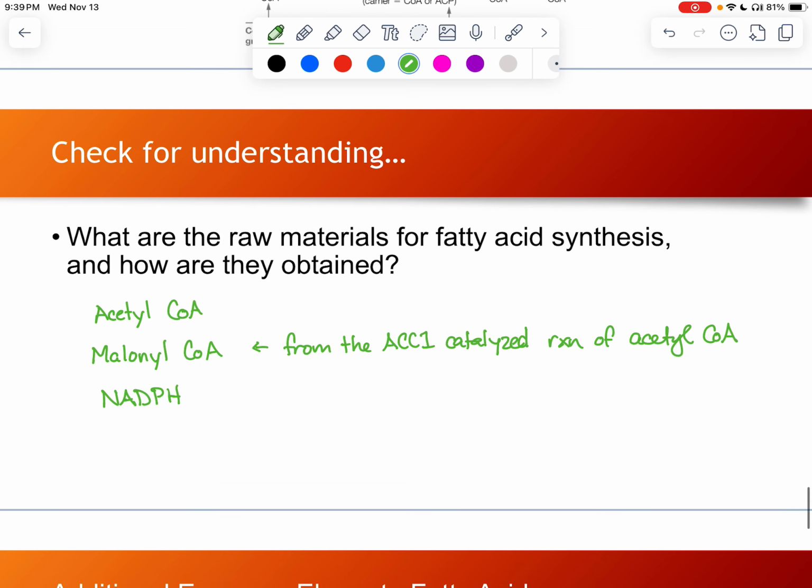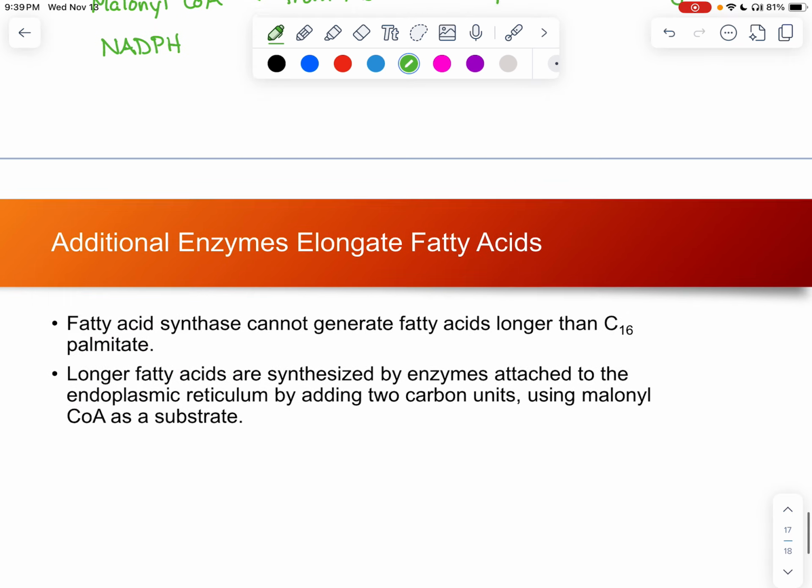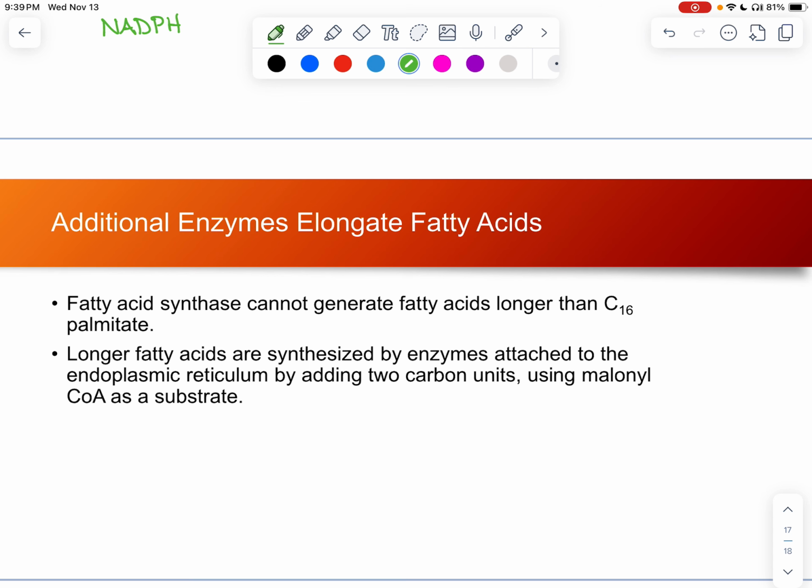Okay, so this fatty acid synthase can get us up to 16 carbons, but if we want longer chains, your body can do that, but not with the fatty acid synthase. Longer ones are synthesized by enzymes attached to the endoplasmic reticulum, and they add 2 carbon units at a time using malonyl-CoA as a substrate.